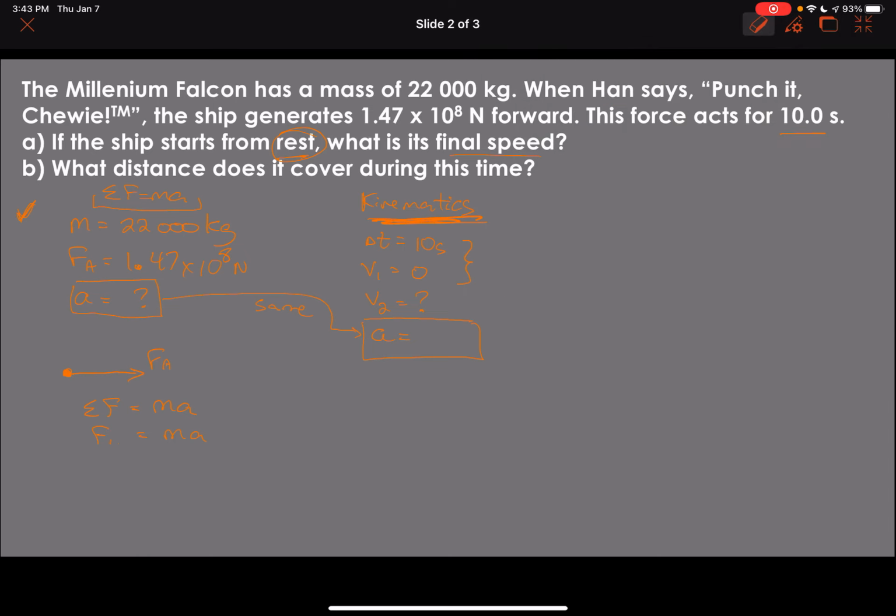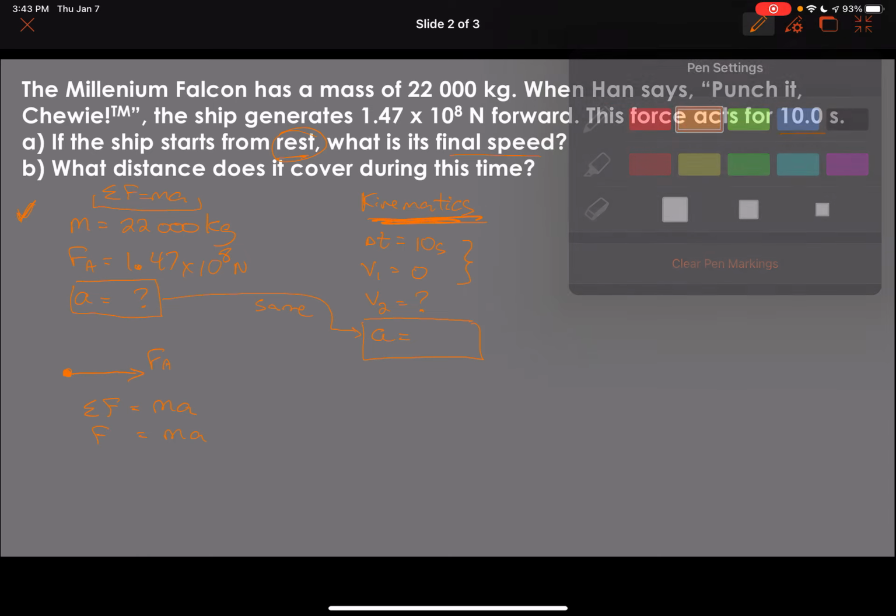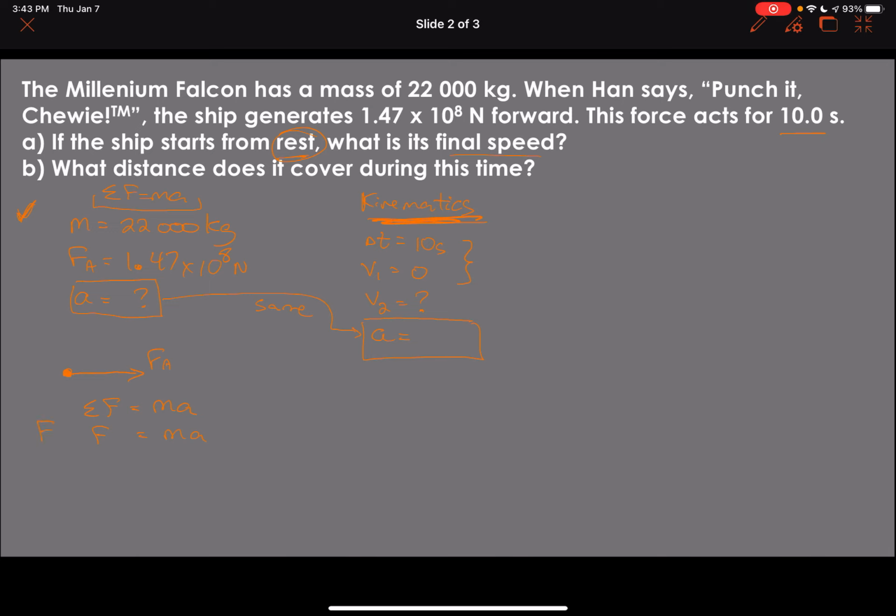You could write it as what we're often used to seeing, FA minus FF, but FF is 0. So the applied force, 1.47 times 10 to the 8, equals the mass, 22,000, times acceleration. We divide both sides by 22,000.